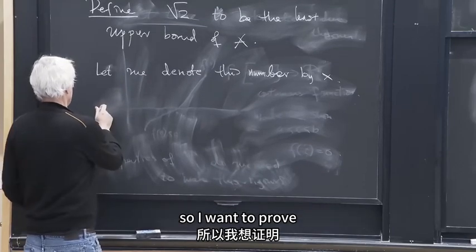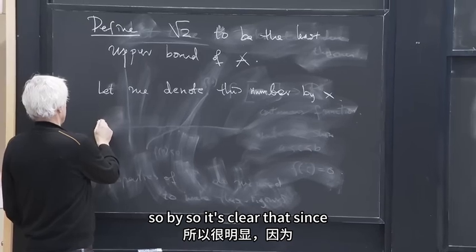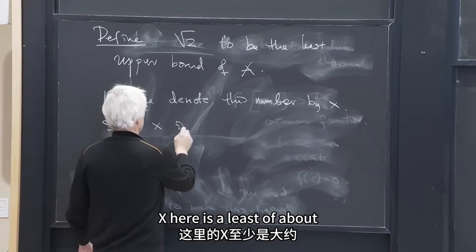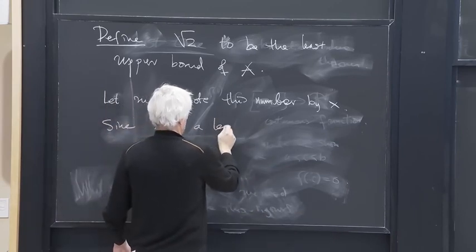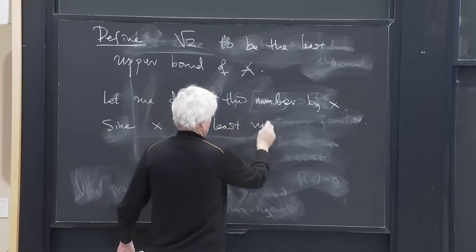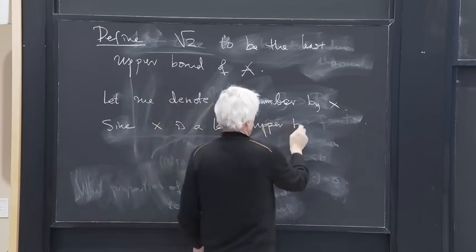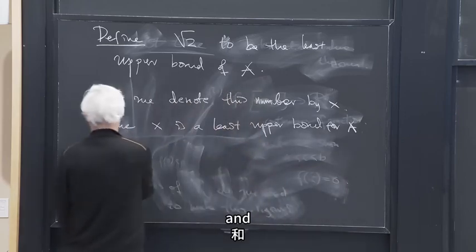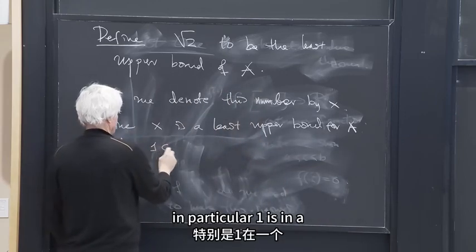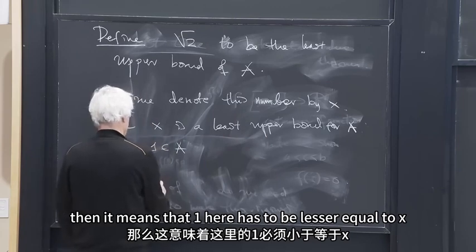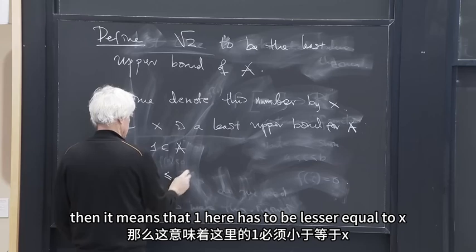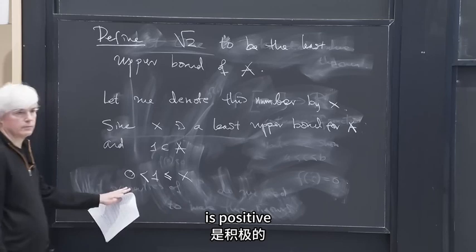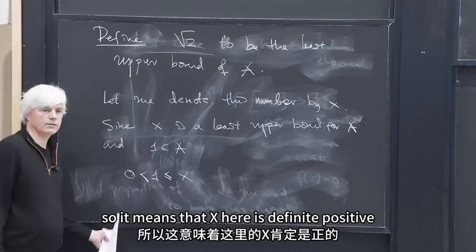So it's clear that since x is a least upper bound for A, and in particular 1 is in A, then 1 has to be less or equal to x. And 1, of course, is positive. So it means that x is definitely positive.